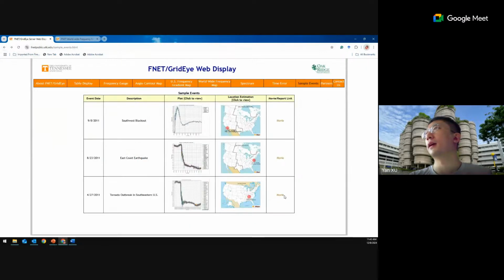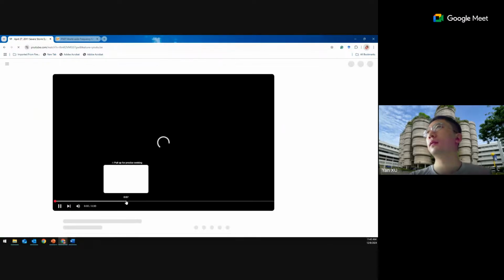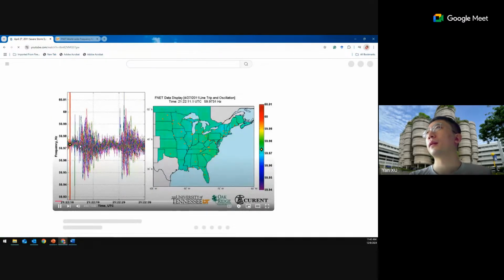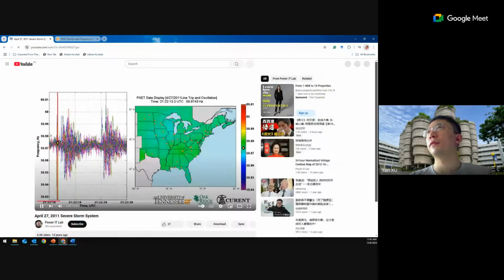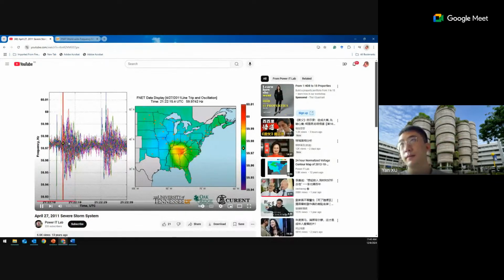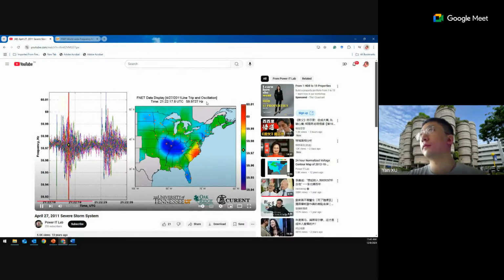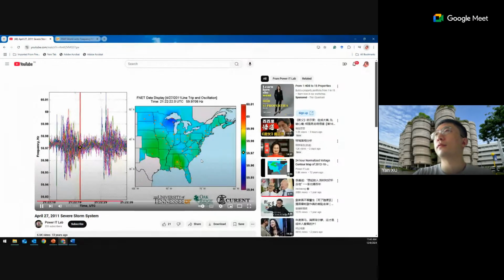And another event caused by a tornado. You can see that the frequency fluctuates significantly because of the tornado. My understanding is that this area may have a lot of wind power. So this tornado will change the power output of the wind turbines, which in turn changes the frequency.